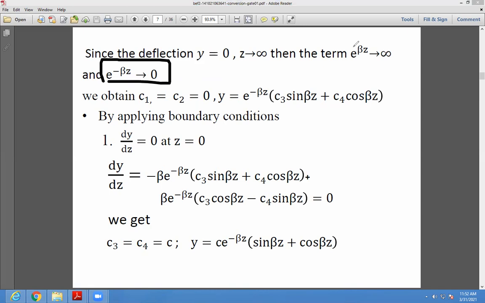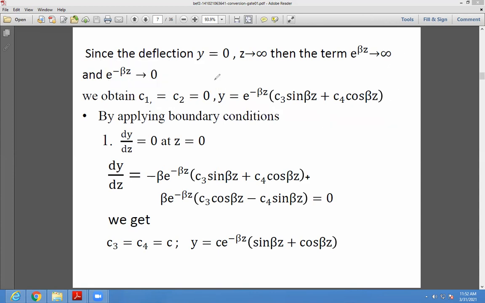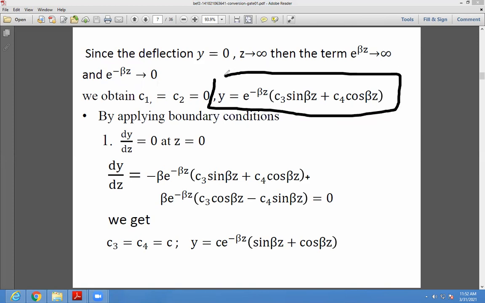By putting the boundary conditions, the constants C1, C2 are equal to 0, so we get this equation of deflection: y is equal to e raised to minus beta z, C3 sin beta z plus C4 cos beta z.